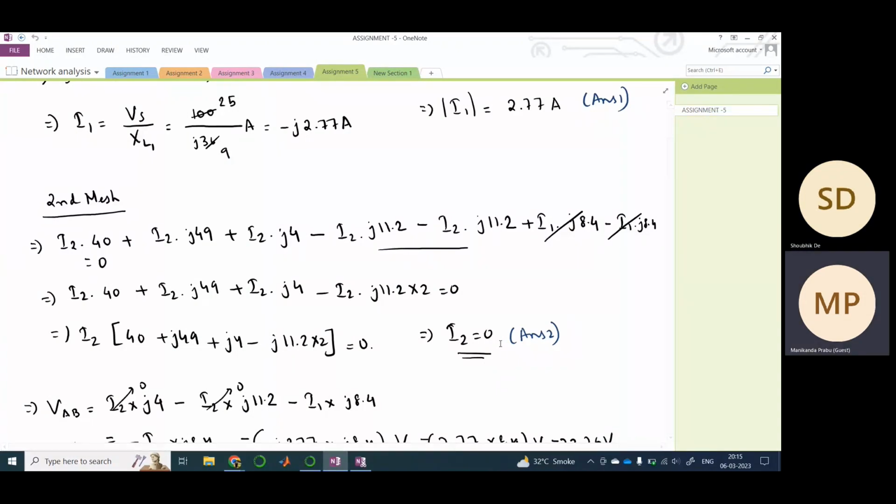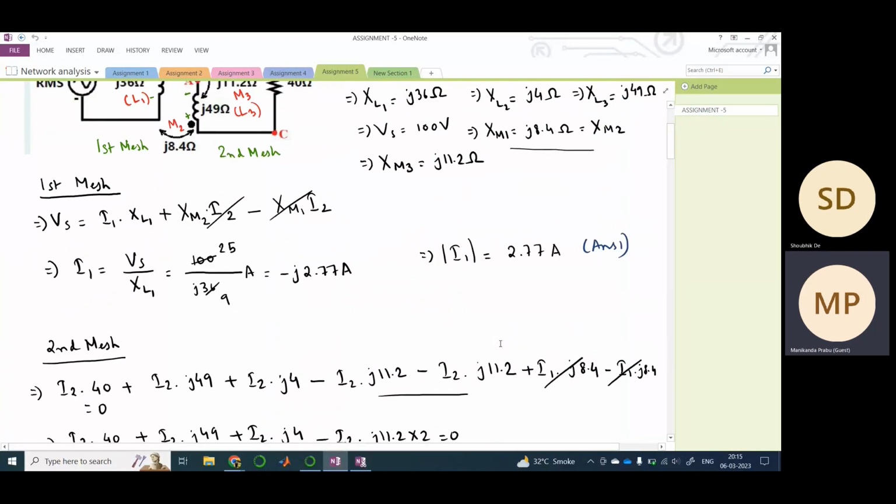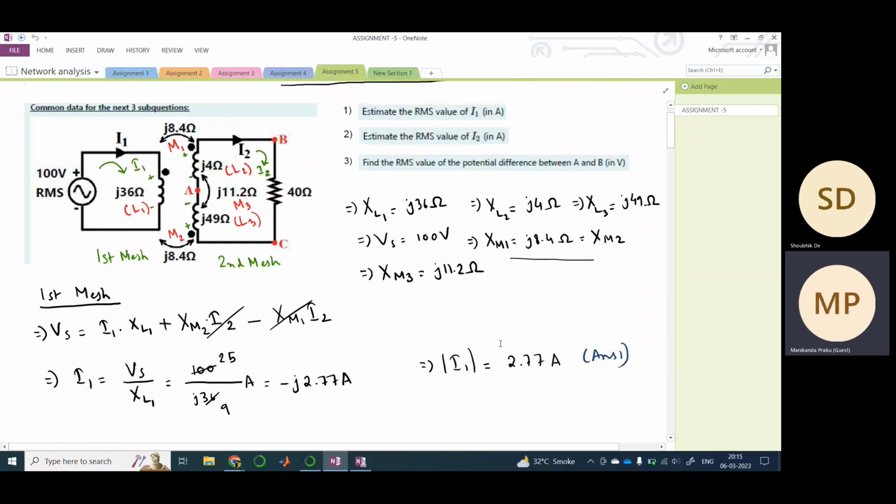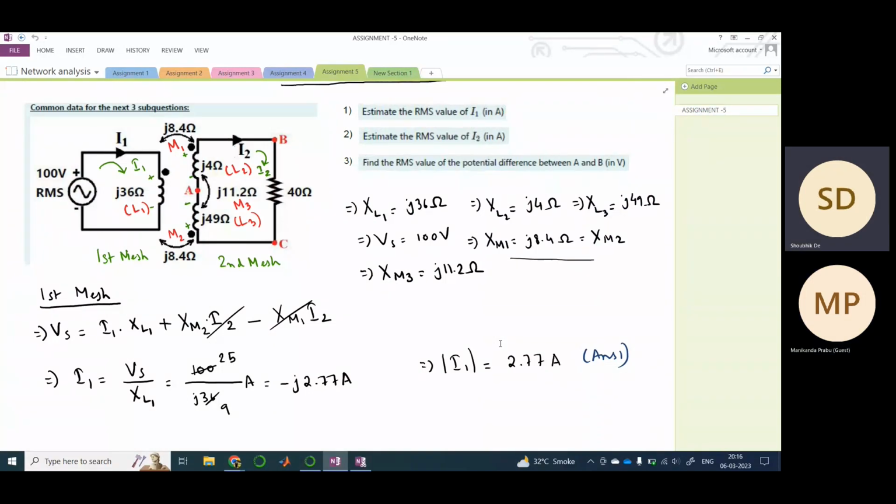Sir, one doubt, sir. The mutually coupled inductance due to L2 and L3 is there, no, sir? That coupling, how is it happening, sir? Actually, it is due to current flow I2. You need to understand the concept, right?